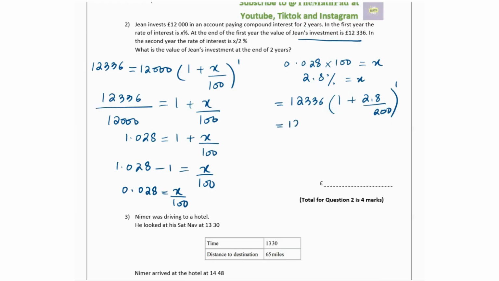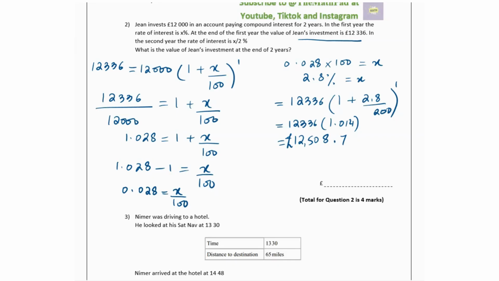That's going to be 12,336 times 2.8 divided by 200 plus 1, 1.014. And that gives us £12,508.7. To recap, she's investing 12,000 and the rate of interest for the first year is X%.